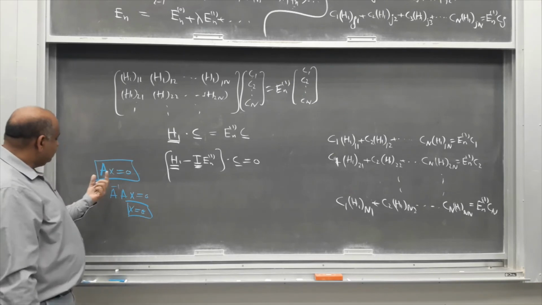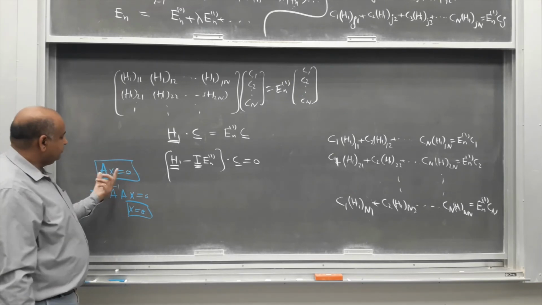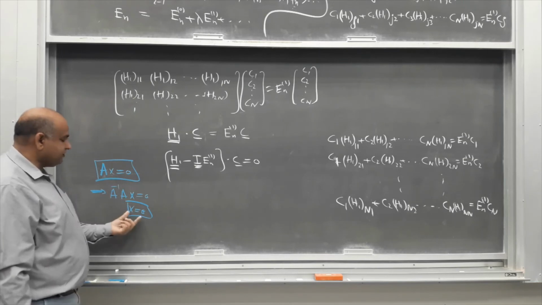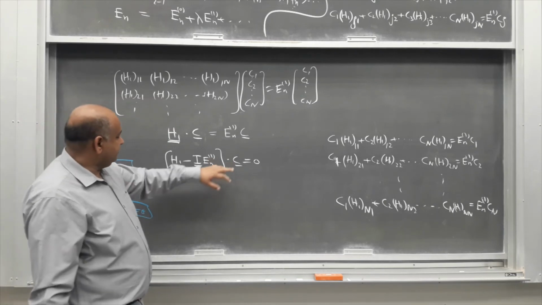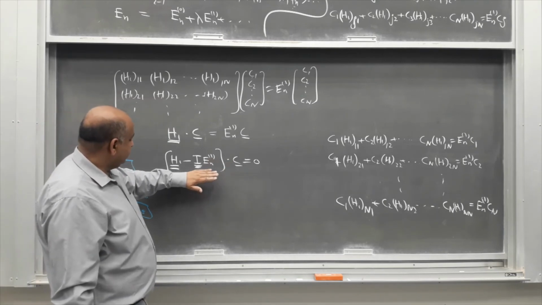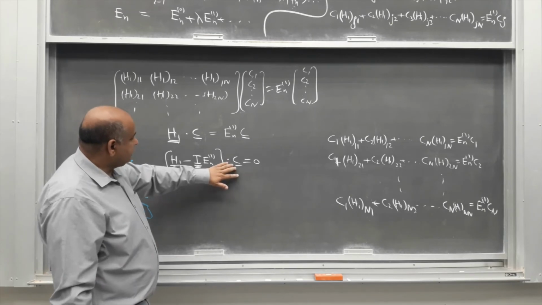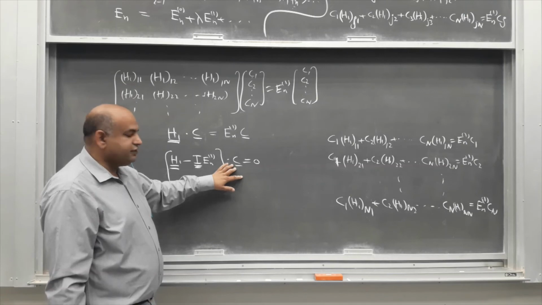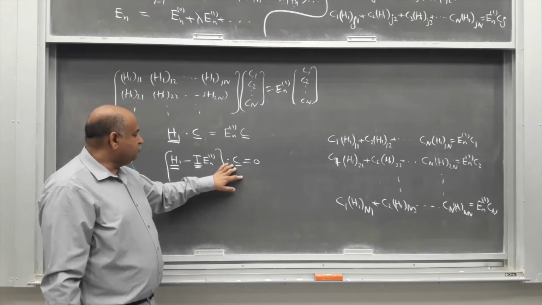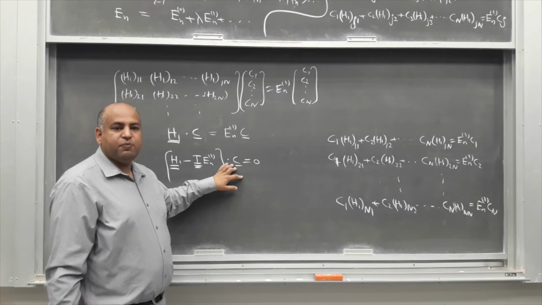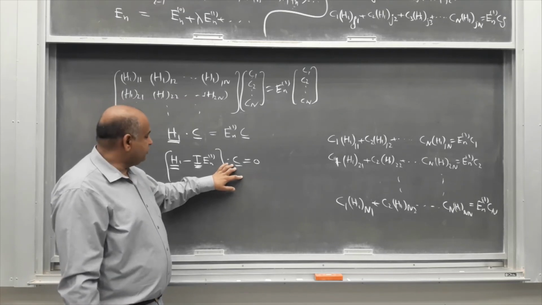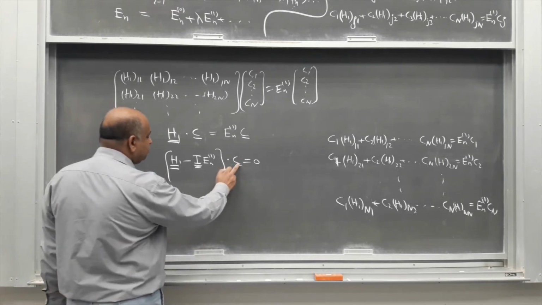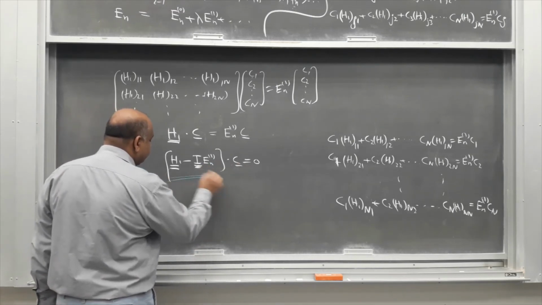However, if A is non-singular, x is 0, which means that for our case, all the C's are 0, which means the state is equal to 0, meaning no combination or no perturbation on the original system, which is not an interesting case. So to get a non-zero C, we have to make sure that this is singular.